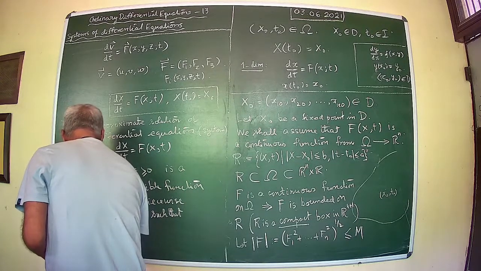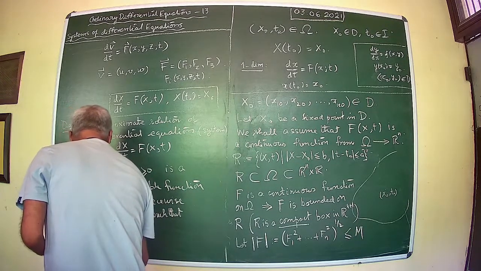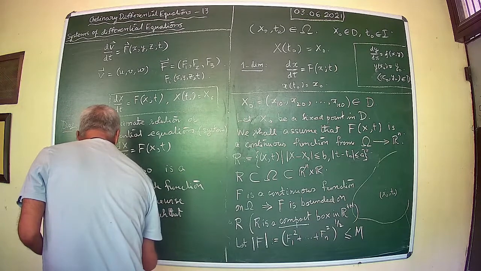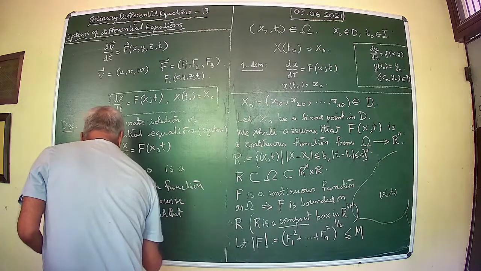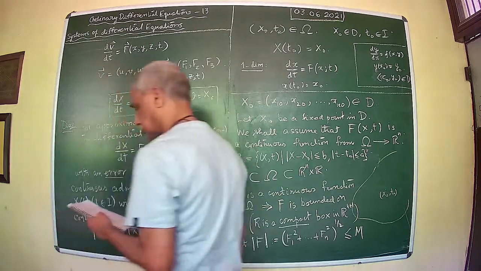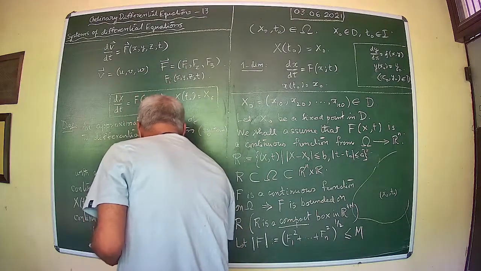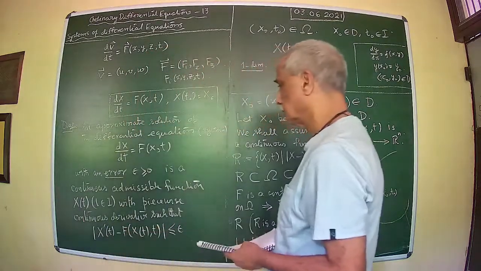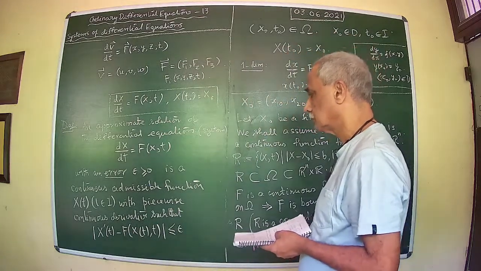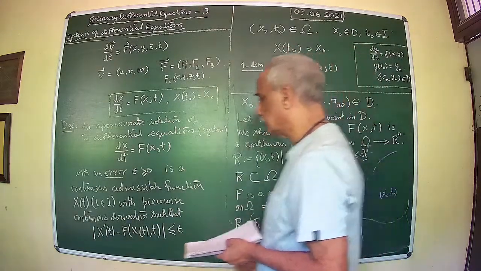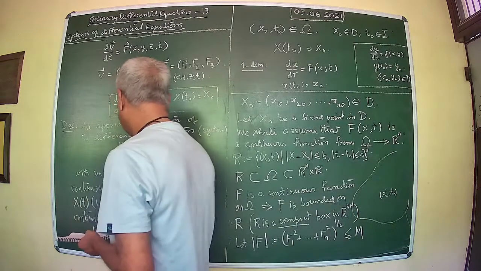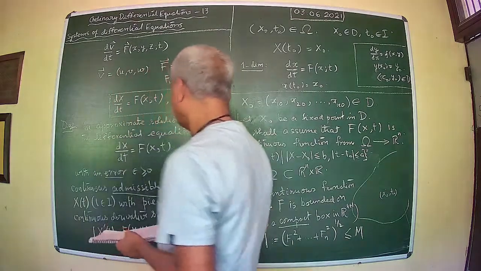The norm of x'(t) minus f(x(t), t) is less than or equal to epsilon. That's an approximate solution. Now what do you mean by an admissible function?